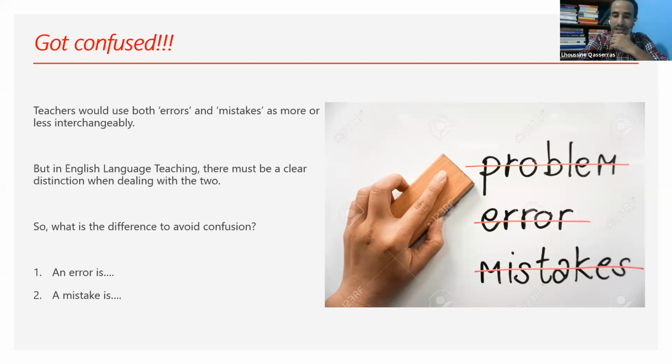Amal, errors are everlasting. Good. Sumud, mistakes are slips, yeah? Good. Mistakes, performance errors. Perfect. Sukaina, mistake is a wrong way of doing something, wrong behavior, bad strategy. Okay. Muhammad Amin, error is made by learners.